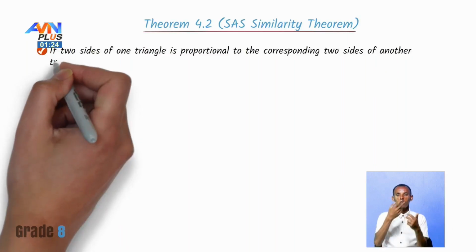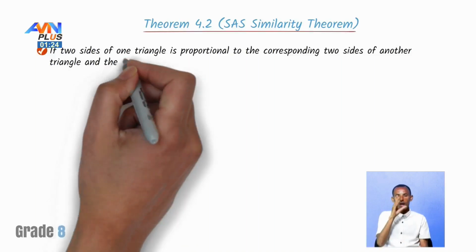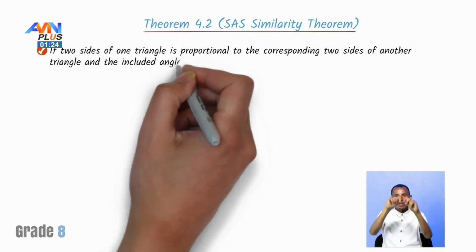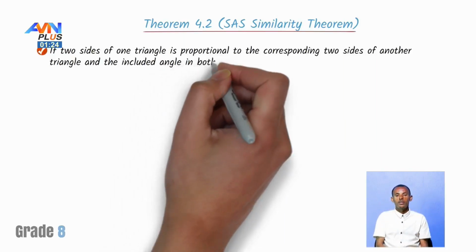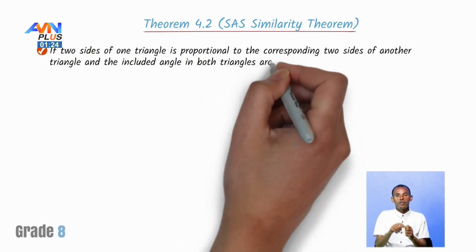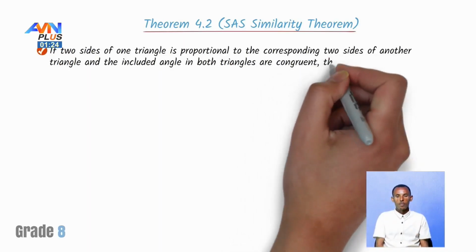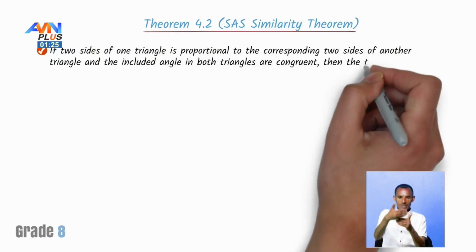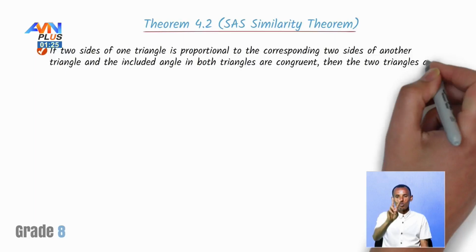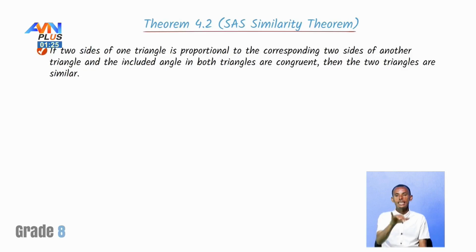We need to have two sides which are proportional to two sides of the other triangle, and the included angle in both triangles are congruent, then the two triangles are similar.